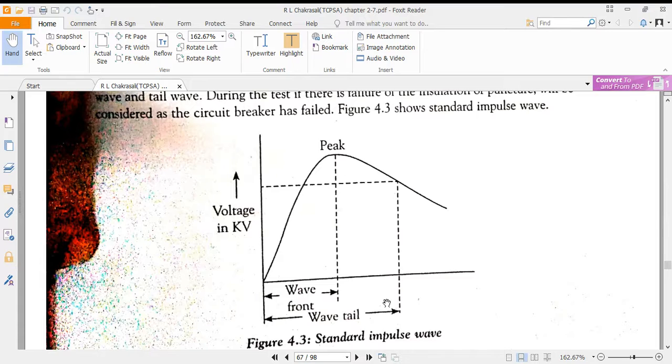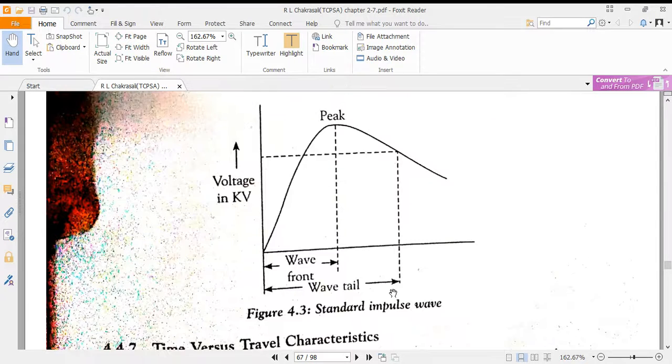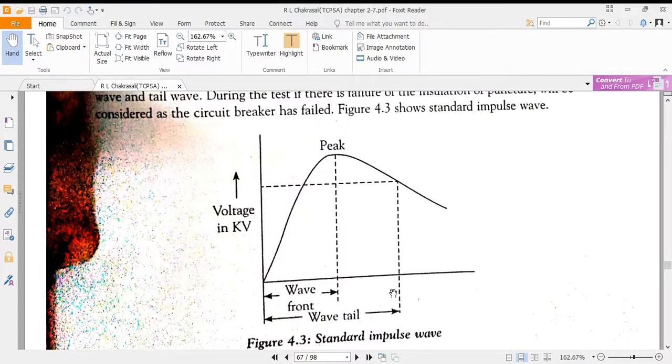So this is the sample of impulse wave we apply between the terminals of the circuit breaker. First at one terminal and the earth, and the next time the second terminal and the earth, and next time the third terminal and the earth, based on the number of phases.